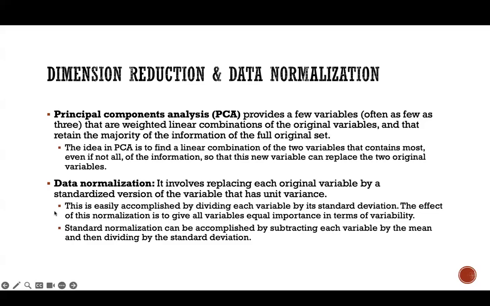We could divide each variable by its standard deviation, and that way we give all variables equal importance in terms of variability. Something called standard normalization is often used, where each value within the variable is first subtracted by the mean of that variable and then divided by the standard deviation of the variable. This way, we are creating a standard normal value for that variable, and then that is used for analysis.